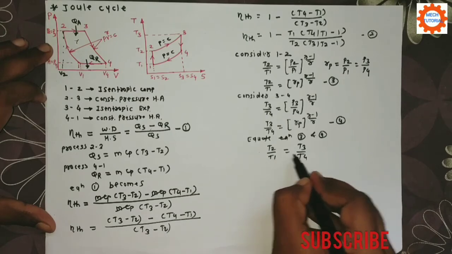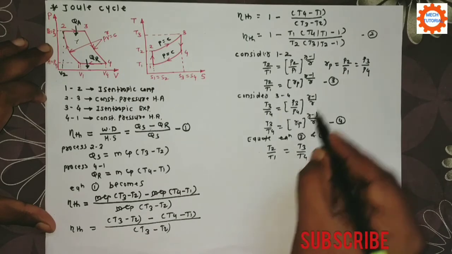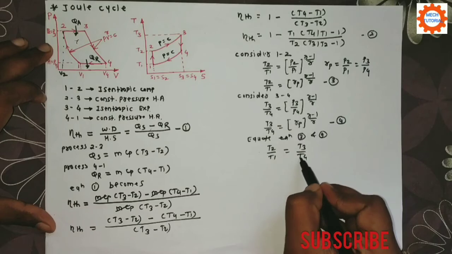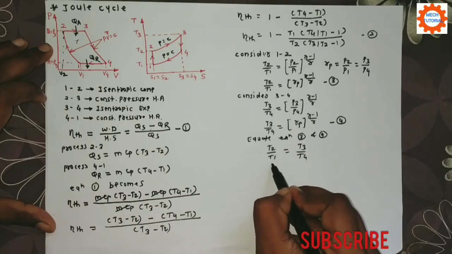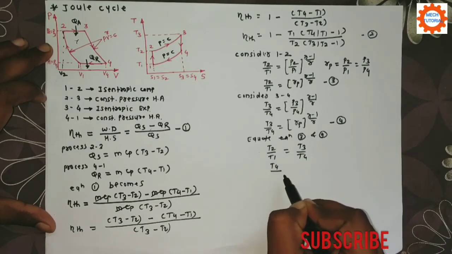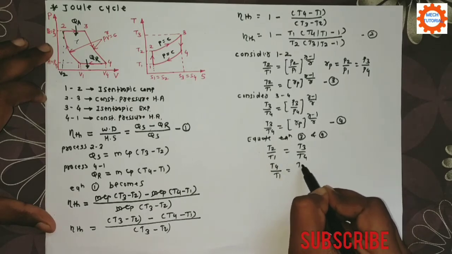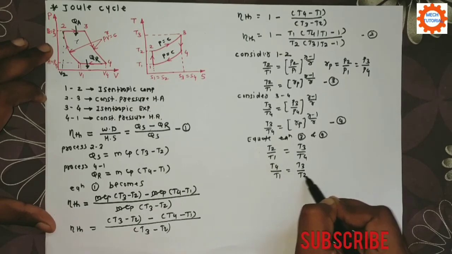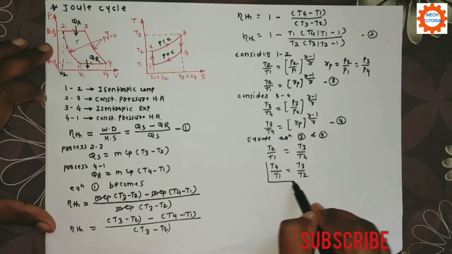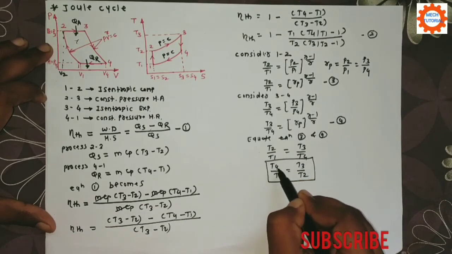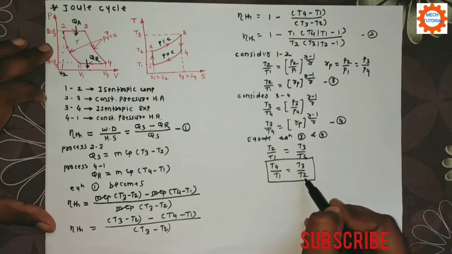Now look at equation number 2. Here T4 divided by T1 as it is, and T3 upon T2. Look at these equations: T4 upon T1 is equal to T3 upon T2.